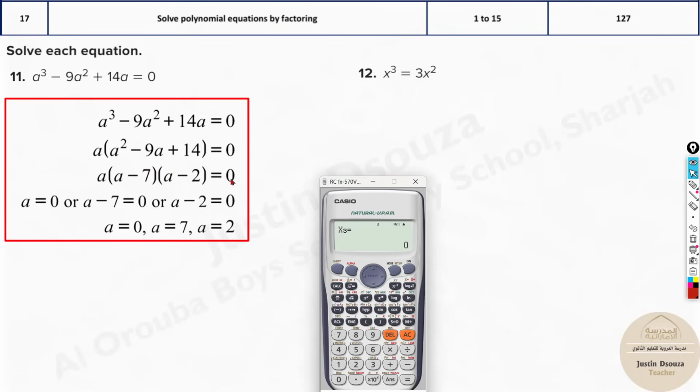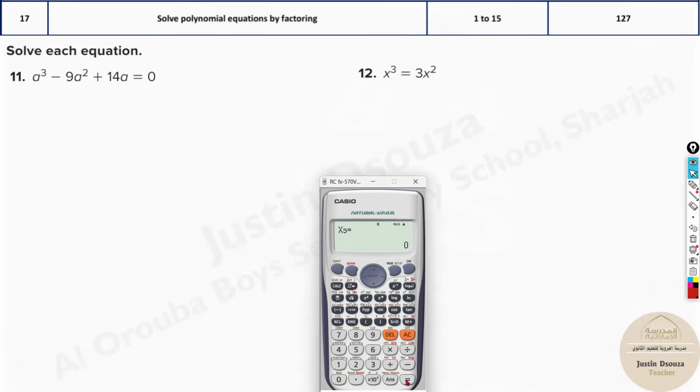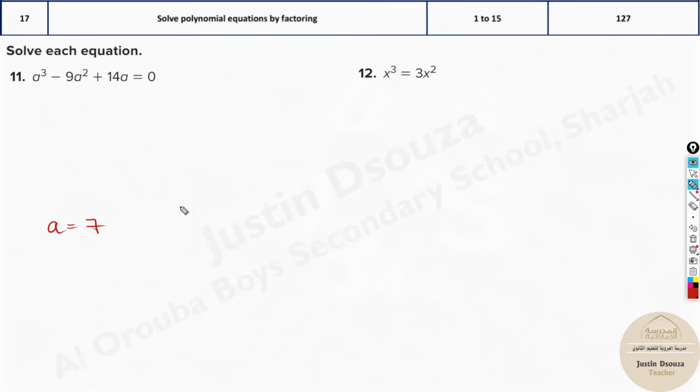But how would you write this over here? There are a few ways. Now, one trick is to go from the bottom up. So you know the answers. A is equal to 7, isn't it? And then there is 2 and 0. So let me write it. A is equal to 2 and A is equal to 0. Now you can write up above, bring this inside.